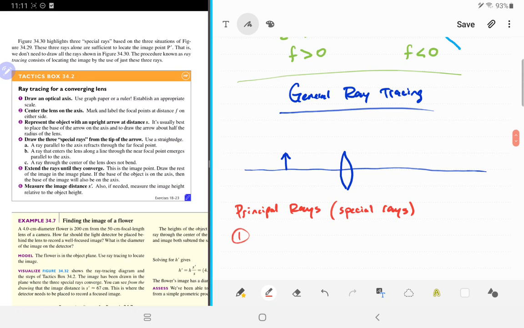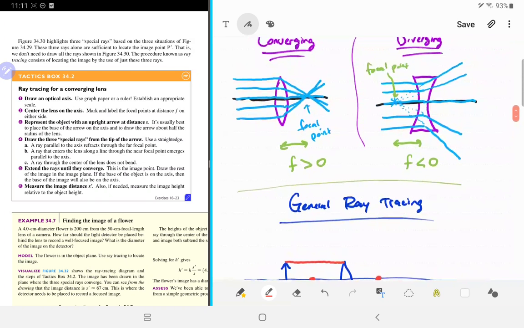One of them is that a parallel light ray bends towards the focus. On this diagram, we have a parallel light ray, and let's suppose the focus is about right here. You'll see why I drew one on both sides in just a second.